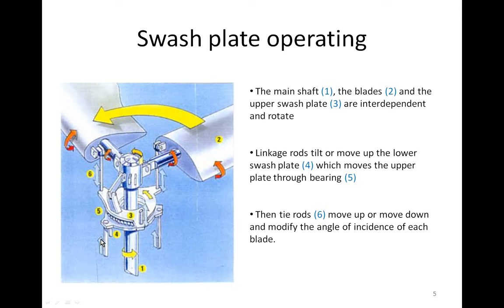Linkage rods tilt or move up or down the lower swash plate, which moves the upper swash plate. Then tie rods move up or down the blade and then modify the pitch of each blade.